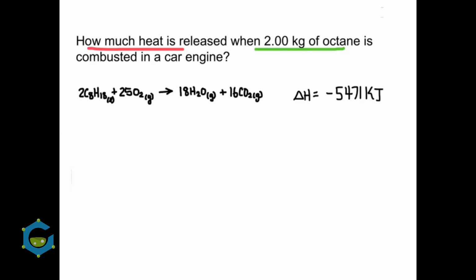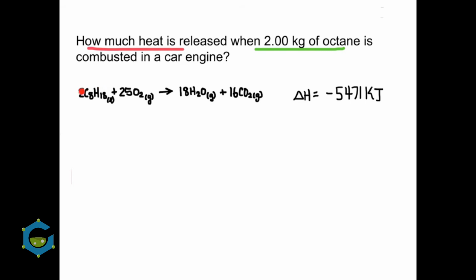And so this recipe is for 2 moles of octane molecules. That's what this 2 is representing right there. All I have to do is figure out how many more moles 2 kilograms of octane is compared to just 2 moles of octane. And then I'll just multiply the amount of heat produced in this chemical reaction by that many times.